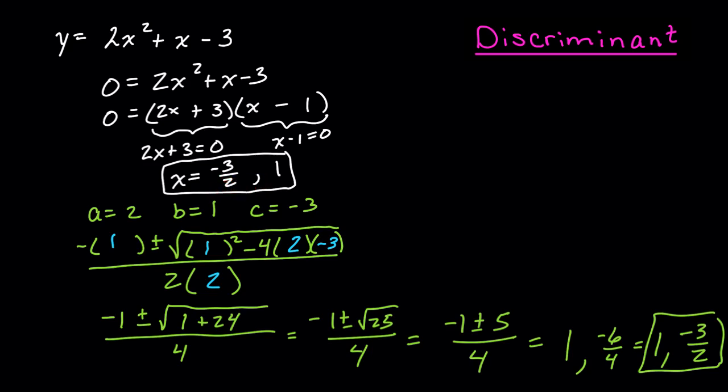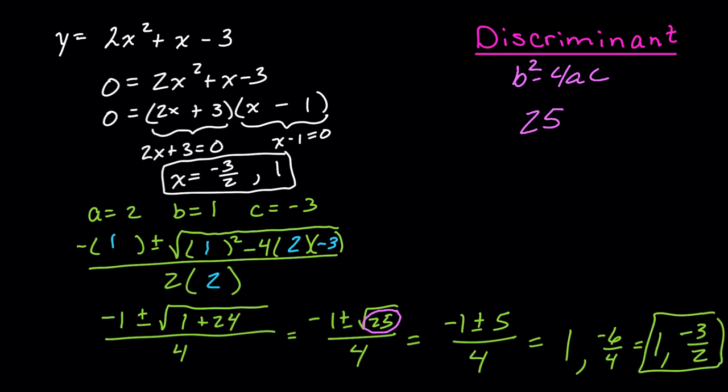Now let's go back to our discriminant for a second. The discriminant is the b squared minus 4ac, which is the value underneath your radical here. So b squared minus 4ac in this case was a positive 25.